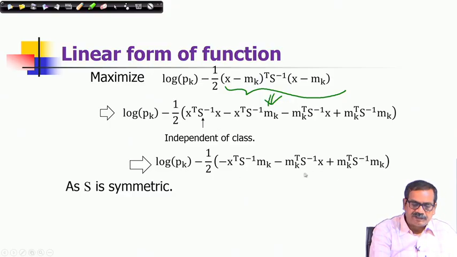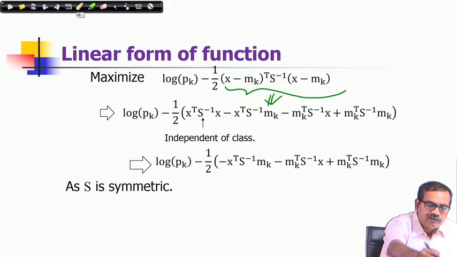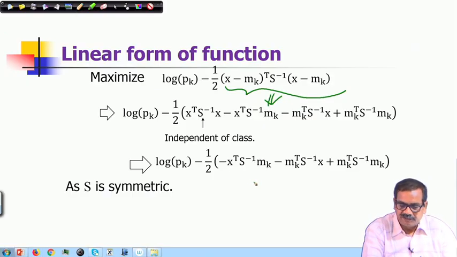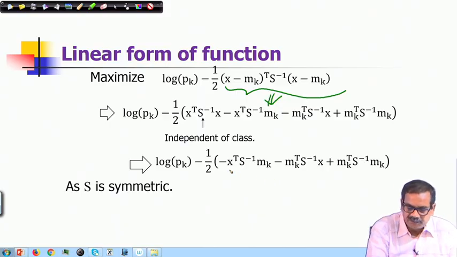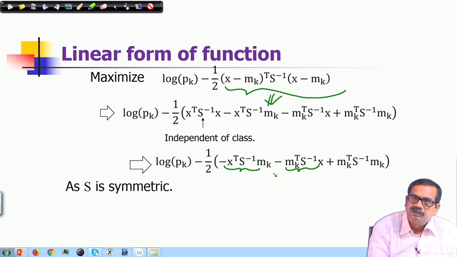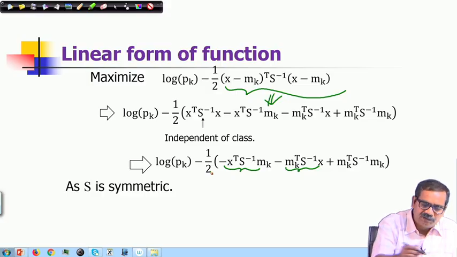We have only 3 factors, but since S is symmetric, this value and this value are the same. So, simply we can add them. It should be minus 2, let us suppose m k transpose S inverse x, and then if I multiply with half, it would be simply this value.